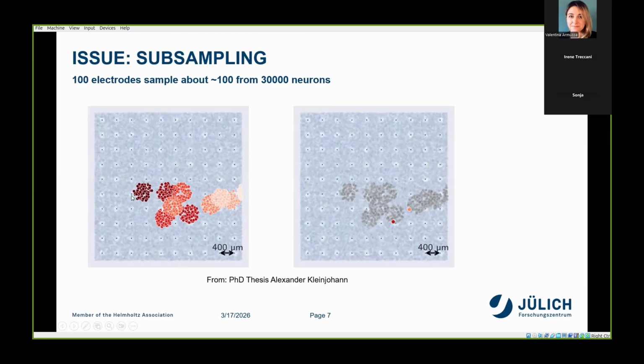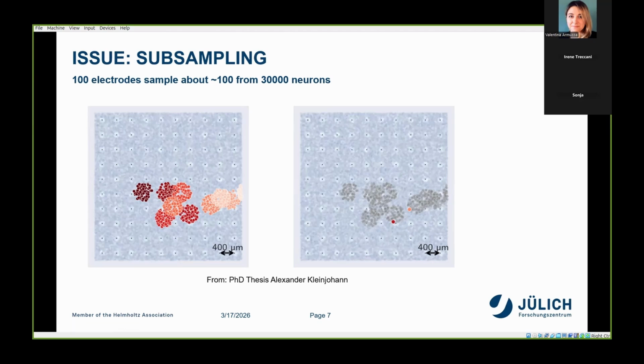These kinds of Utah arrays exist. And then let's assume this is your assembly, groups of neurons where the activity is propagating through. However, you can only record from a small fraction of these neurons, for example, the ones which are pretty close to one of the electrodes. So your result is you have these groups of neurons, but at the very end you record from 2.